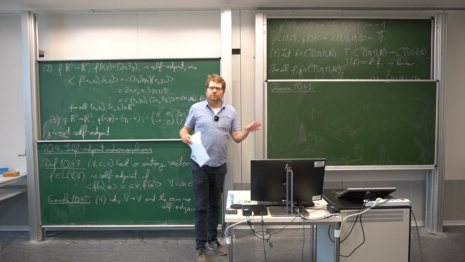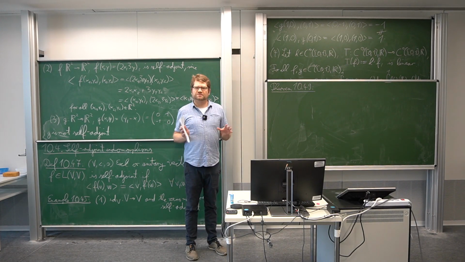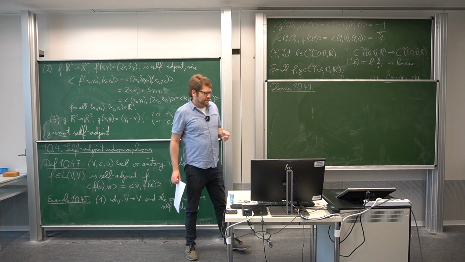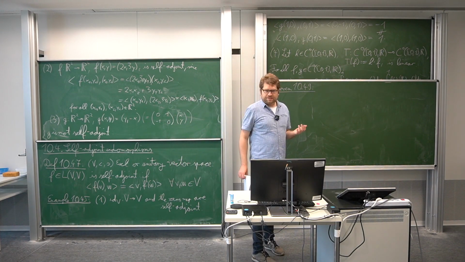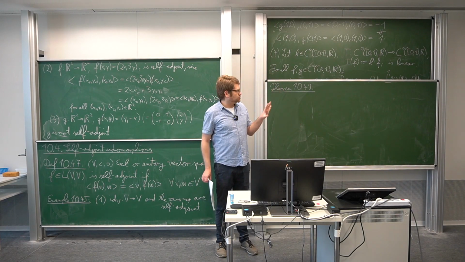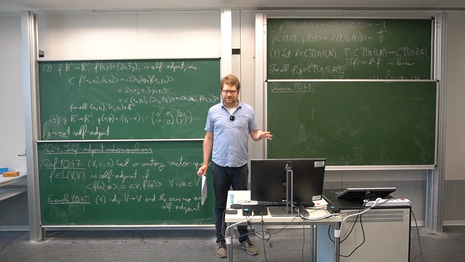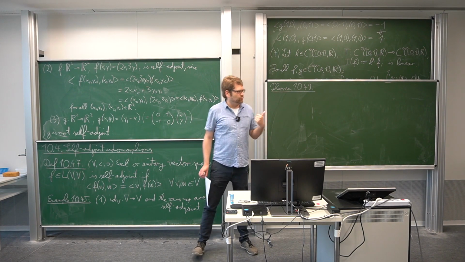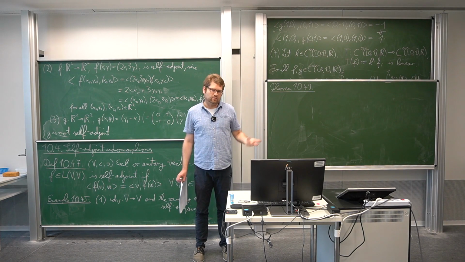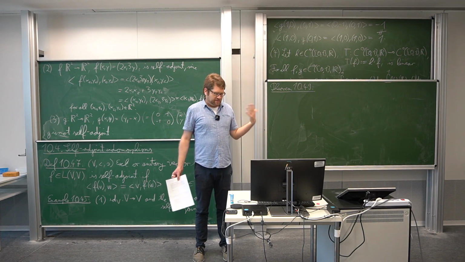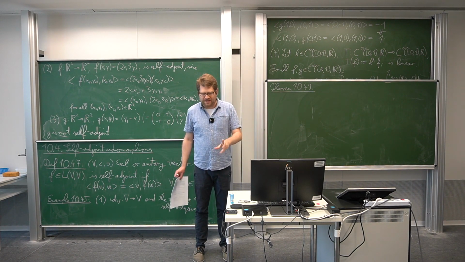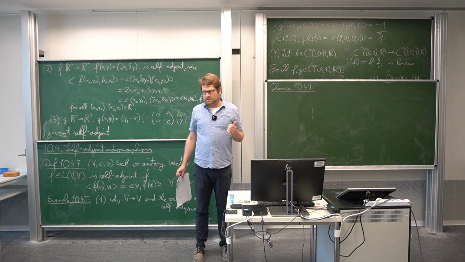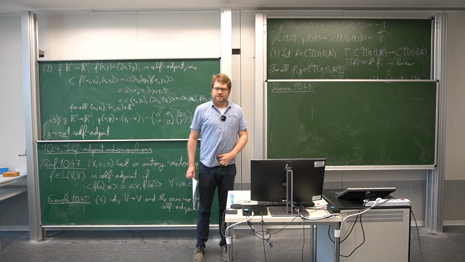Just as a little remark, you will also learn about more self-adjoint endomorphisms in physics, in several situations, in quantum mechanics, for example. Also, when you study Dirac operators and so on, they turn out to be self-adjoint endomorphisms of infinite dimensional vector spaces. In quantum mechanics, when you view momentum, position, angular momentum, and so on as linear maps on state spaces, on infinite dimensional vector spaces, you will learn that many of them are indeed self-adjoint.